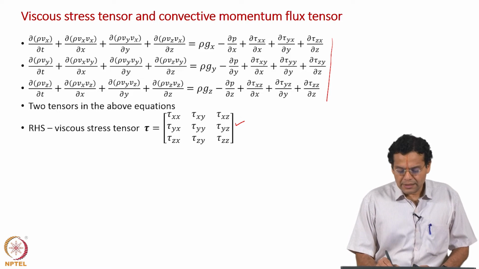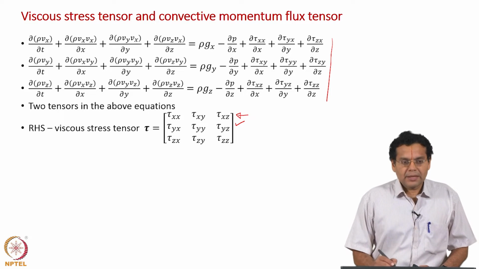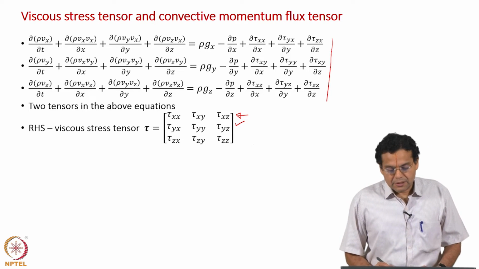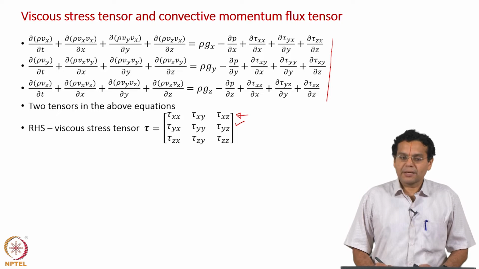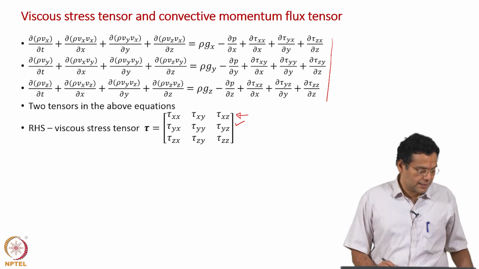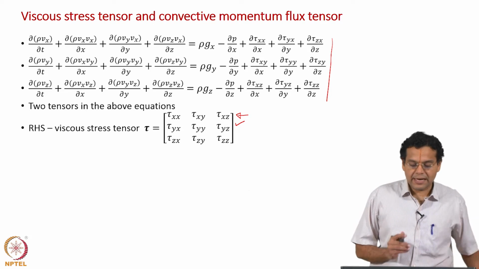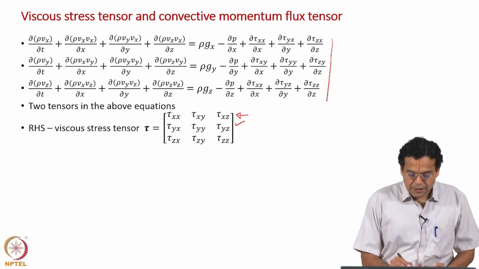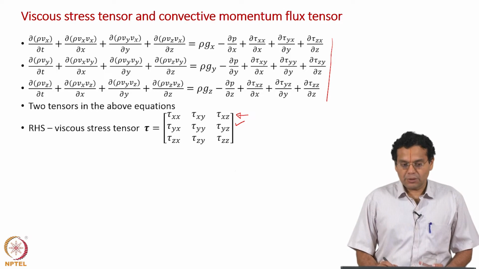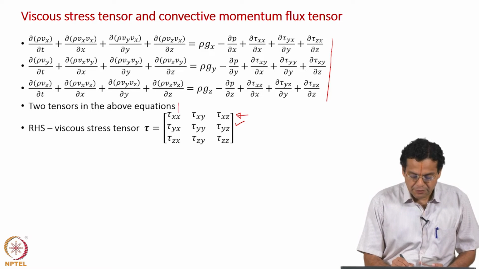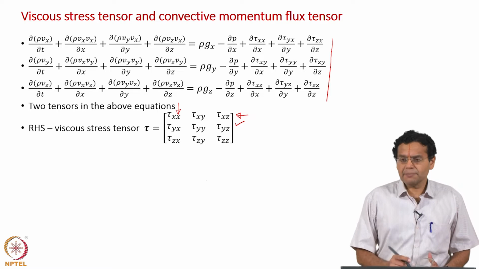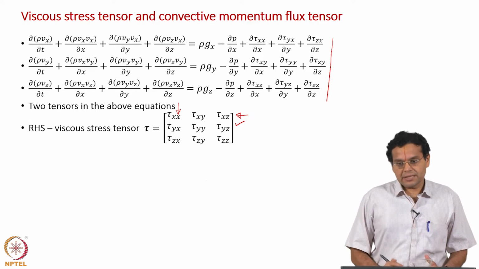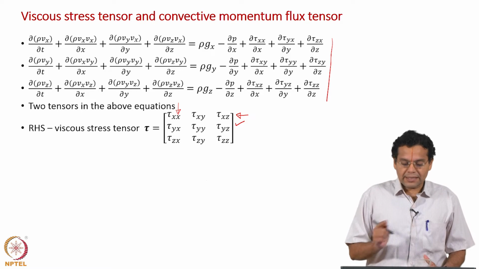Now we know that one row in a tensor represents the components of the stress vector acting on a particular face. So, the first row represents the components of the stress vector acting on the x face. That is the way you represent each row. If you look at the columns, they represent the components of 3 different stress vectors, and all the components are acting along the x direction.